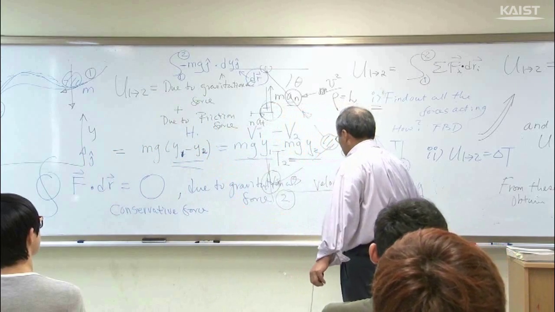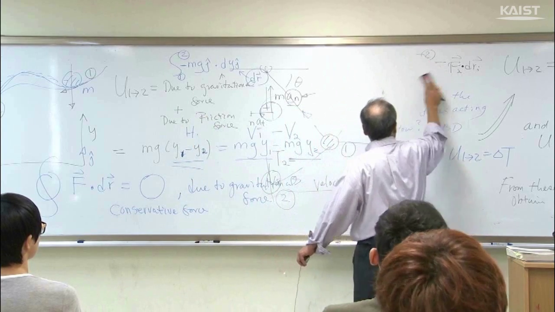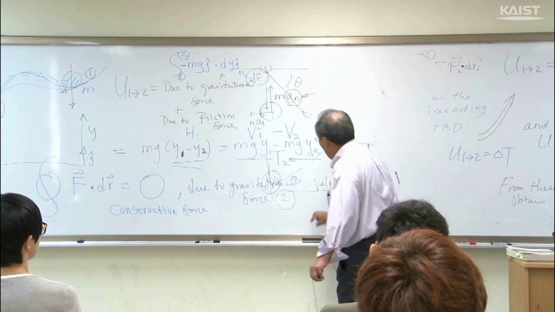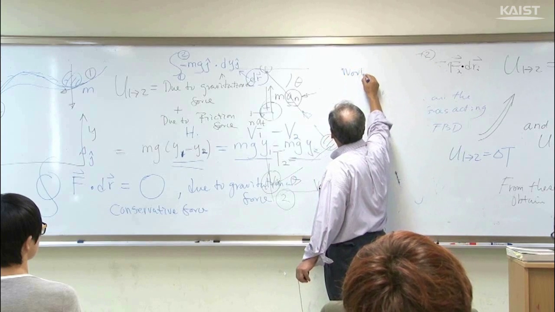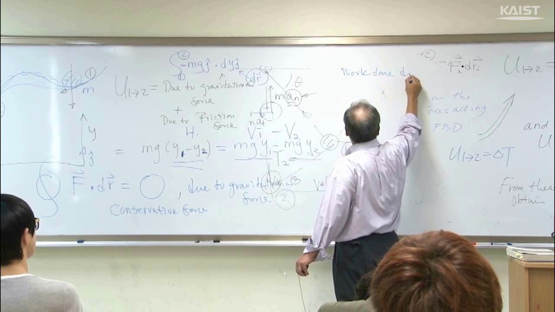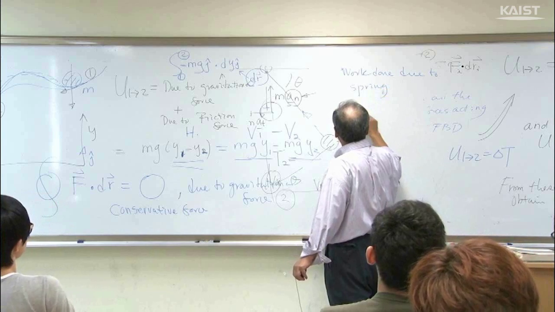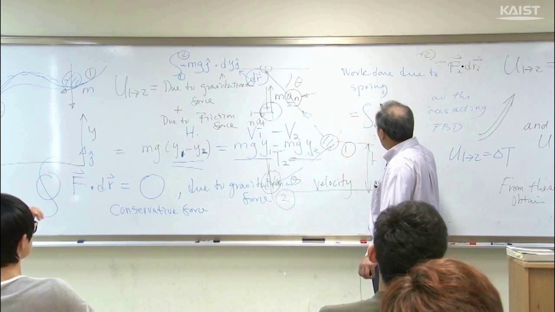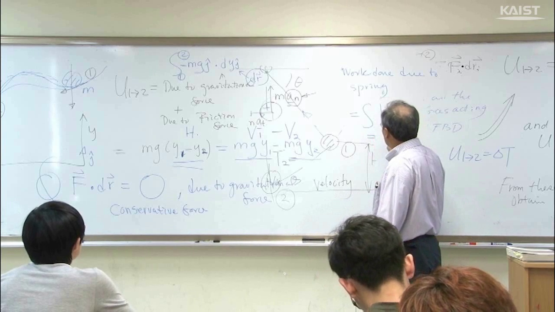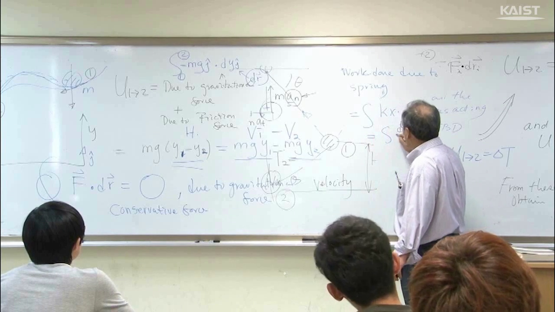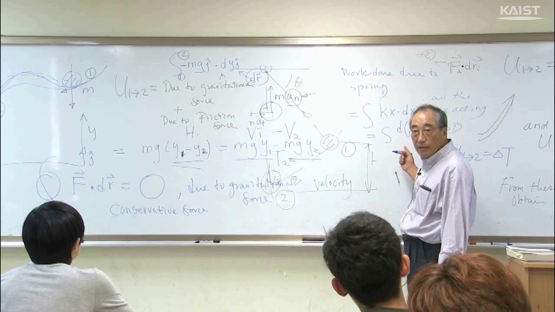I'm saying that work done due to spring is equal to integration of F, which is Kx, multiplied by dx, and that is integration of d(1/2 Kx squared), right?